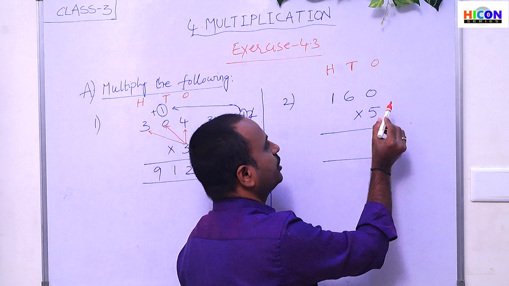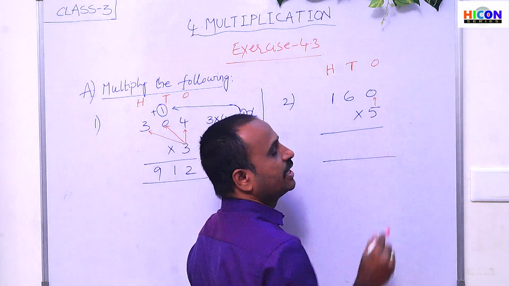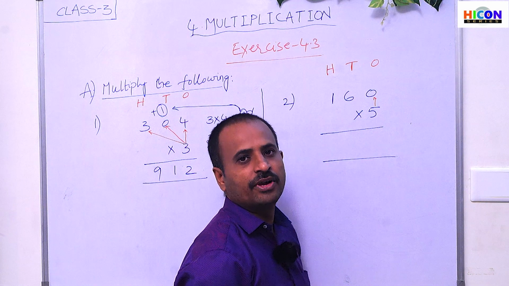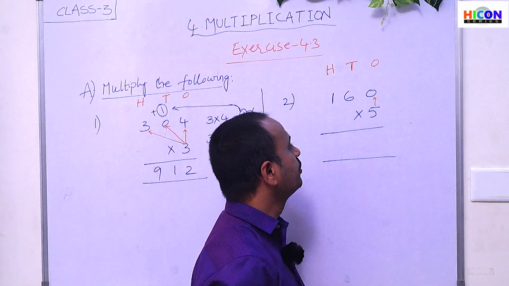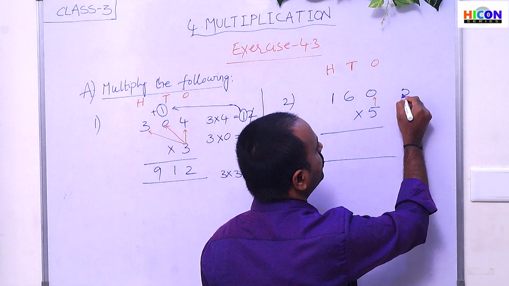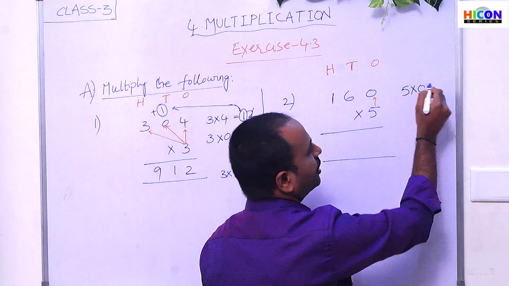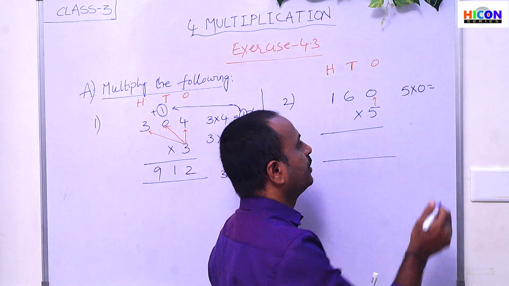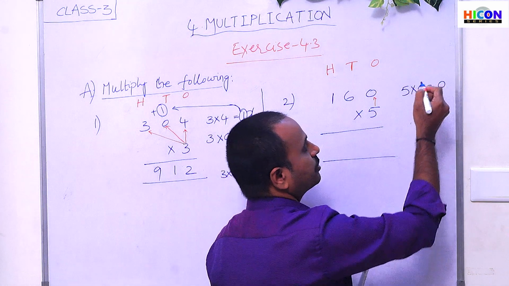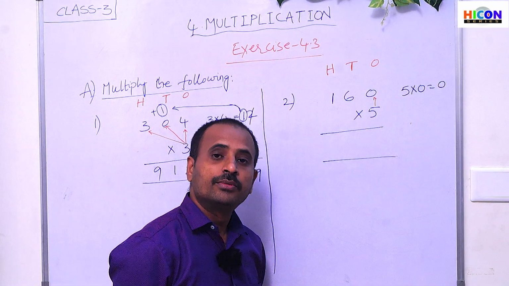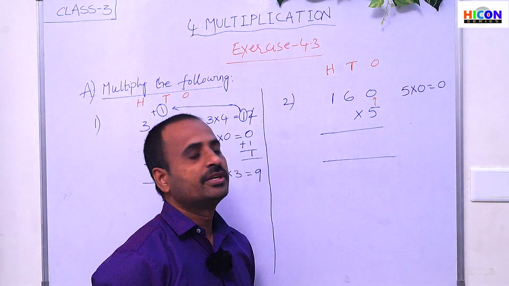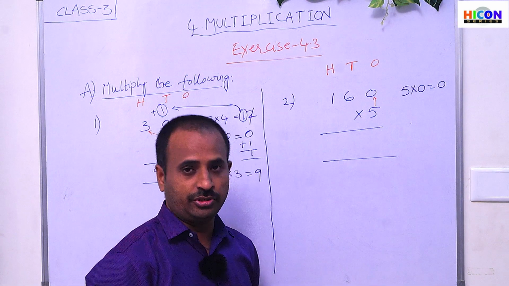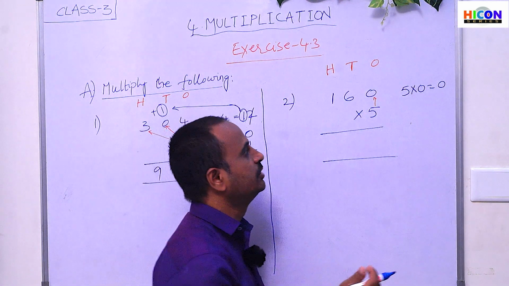So multiply 0 with 5, that is 0 into 5 or 5 into 0. Children, how much does it become? 5 into 0 becomes 0, because according to the properties of multiplication, if any number is multiplied with 0, we will get 0.